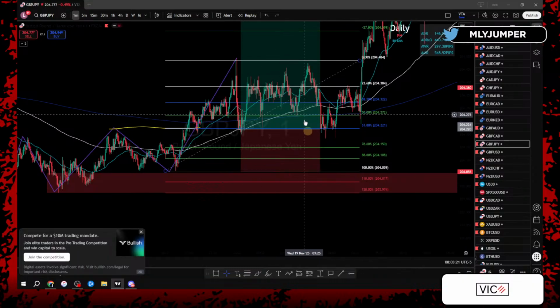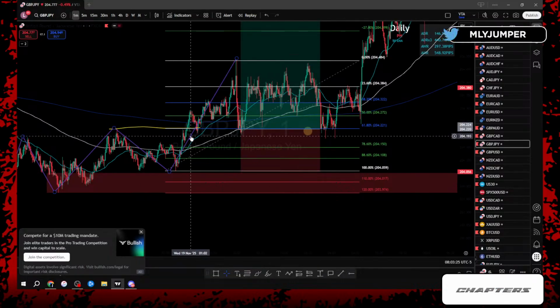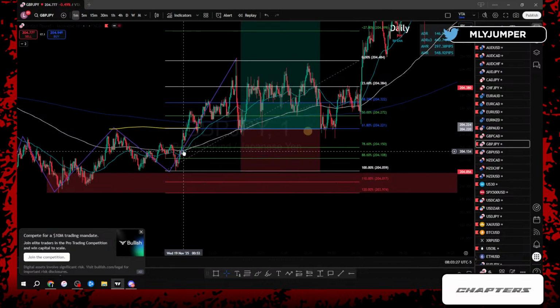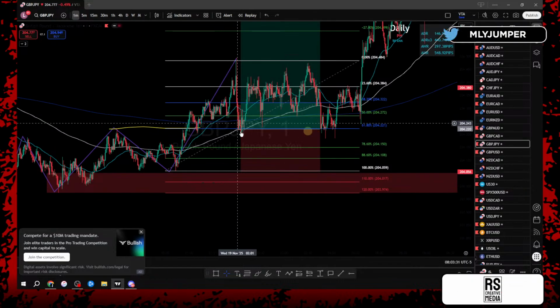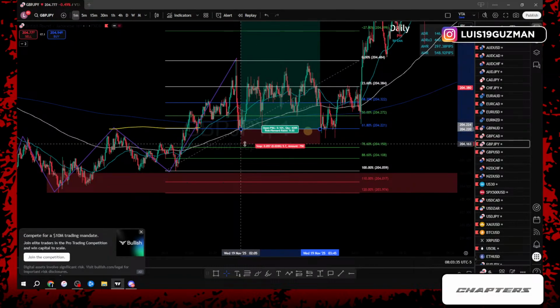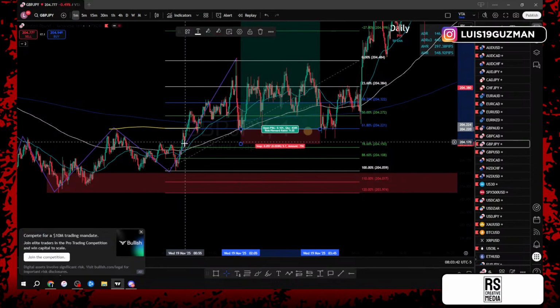If you got a 50% and a 61.8 retracement, and you're looking at your left-hand side, I'm looking at structure. Where did price start trending? Higher high, higher low, higher high, higher low, and then price started moving sideways. So I know that I could place my stop loss below the last higher low that was made before the break of structure.